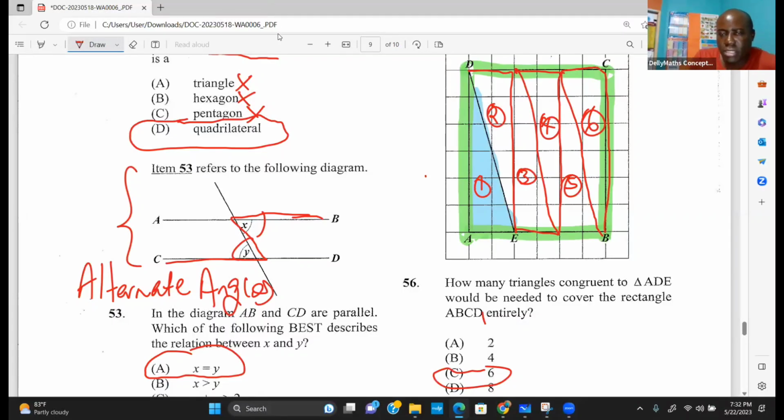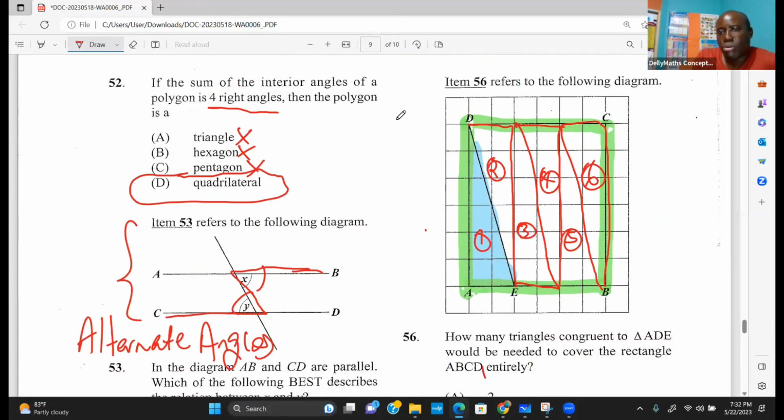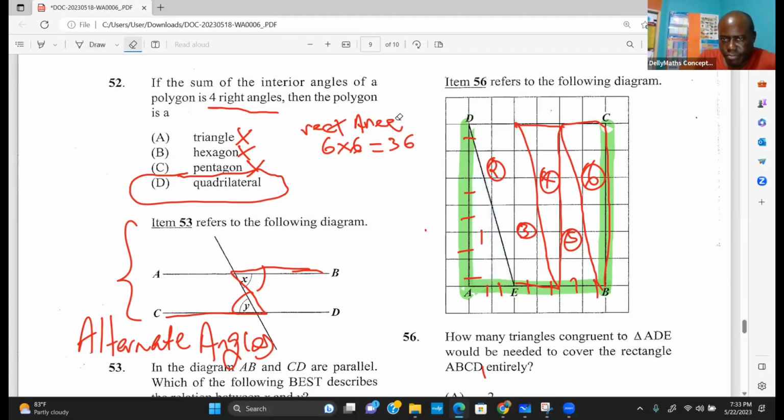Another way you could have done it is to find the area of the rectangle. 1, 2, 3, 4, 5, 6. 1, 2, 3, 4, 5, 6. It's a 6 by 6, 36. So the area of the rectangle is 36.